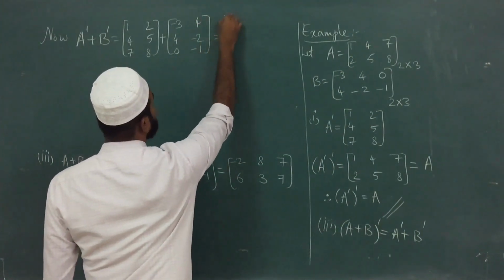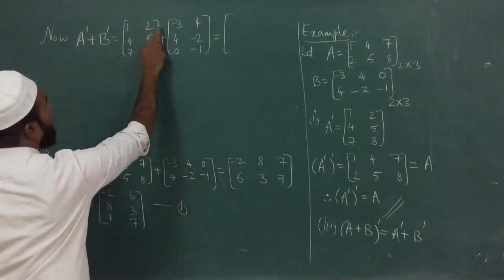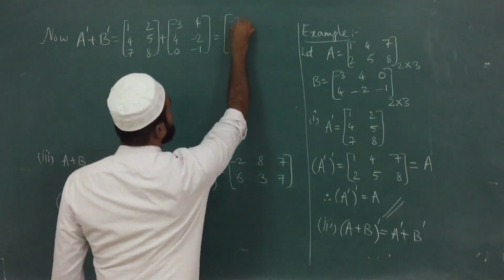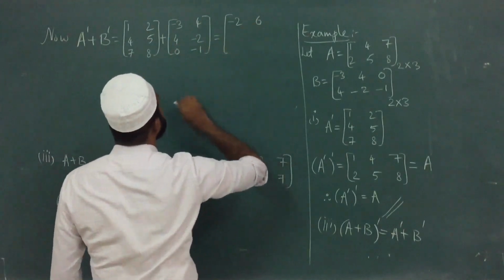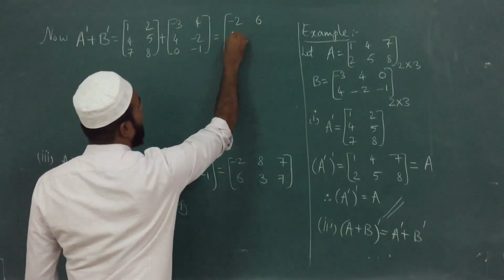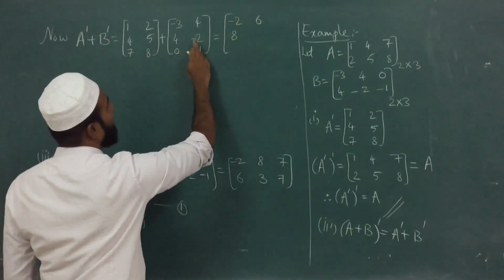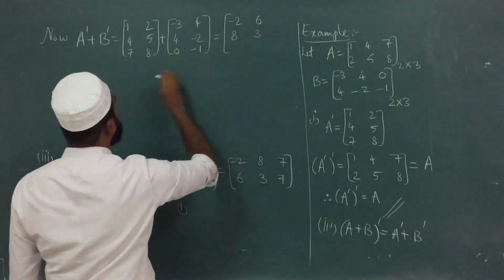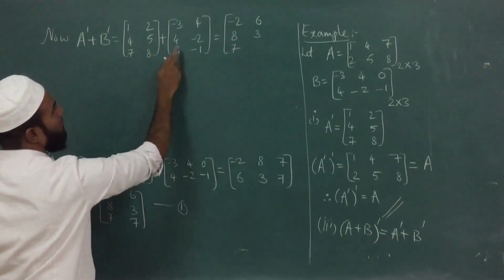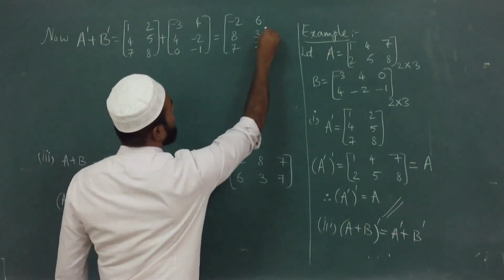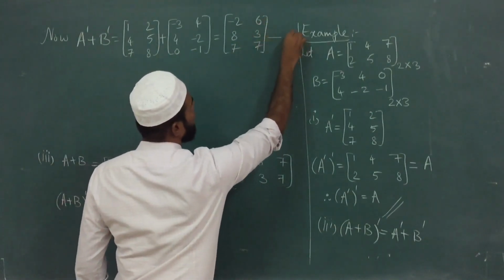Let us simplify this. 1 minus 3 is nothing but -2. Second, 2 plus 4 is 6. Then 4 plus 4 is 8. Then 5 plus -2 is 3. 7 plus 0 is 7 only. And 8 plus -1 is nothing but 7. You consider this as 2.